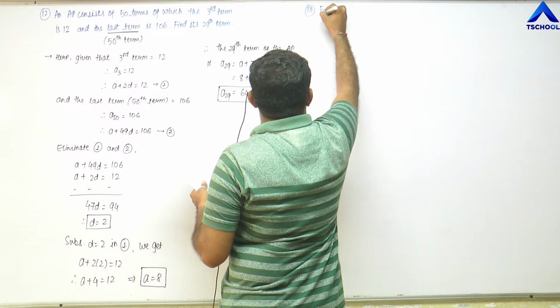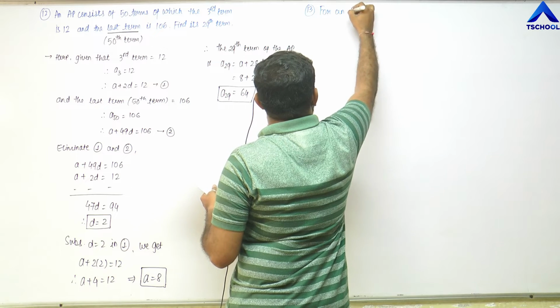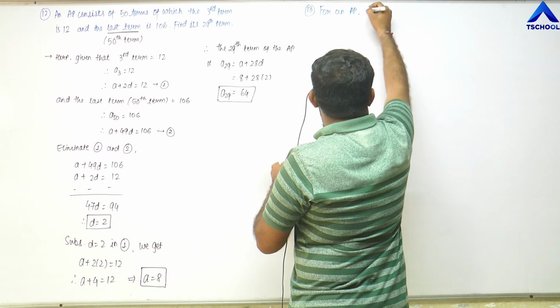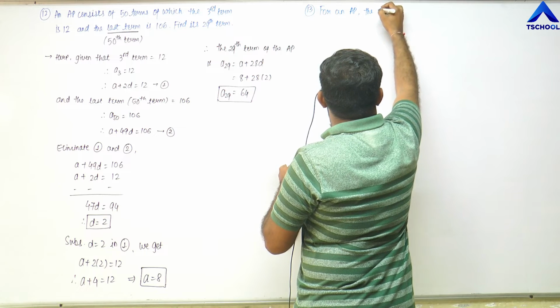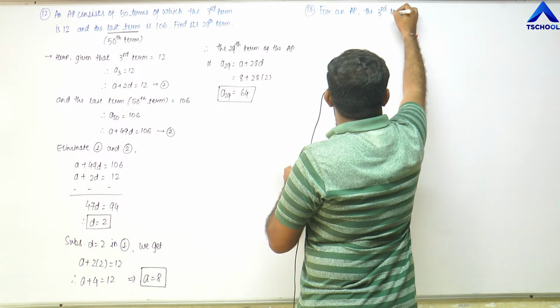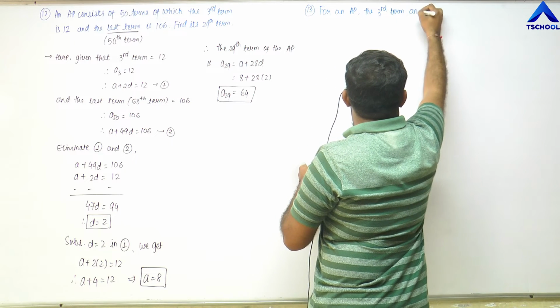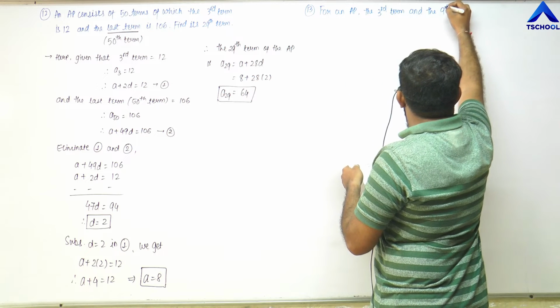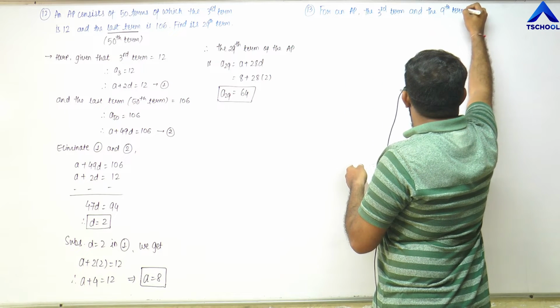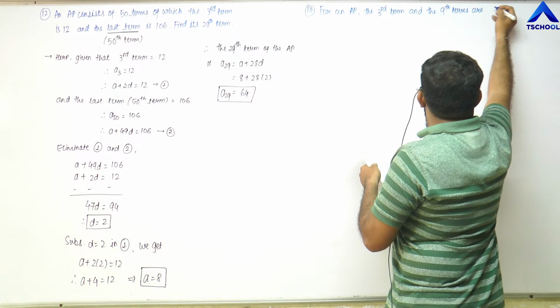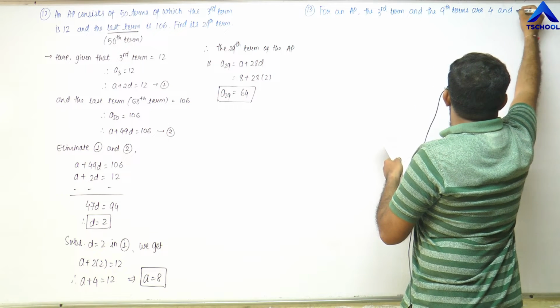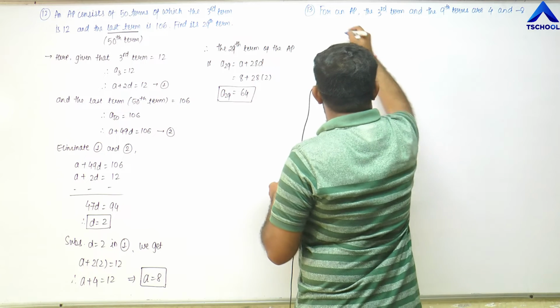For an AP, the third term and the ninth terms are 4 and minus 8 respectively.